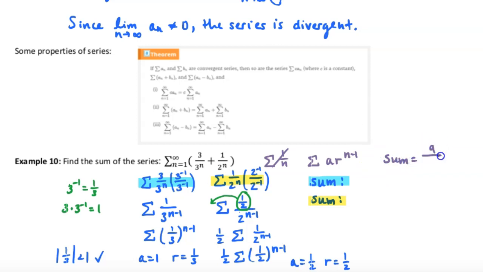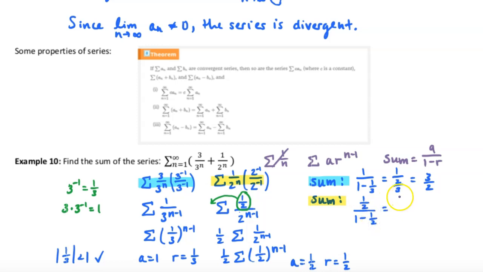And I know that my formula for the sum in general is equal to a over 1 minus r. And this is going to give me, first I've got an a of 1. My denominator, I've got 1 minus r. My r is 1/3. Well, 1 minus 1/3 is 2/3, and 1 divided by 2/3 is 3/2. And so this is the sum of this first portion. For the second portion, I've got an a of 1/2, and I'm dividing by 1 minus r, which is also 1/2.